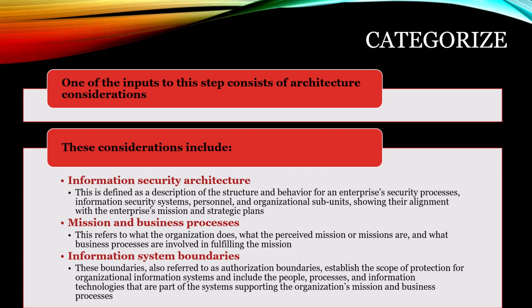Lastly, boundaries. There need to be authorized boundaries to establish the scope of protection of that information. That will include people, processes, technologies, and other informational objects that are part of the organization's mission and business process.